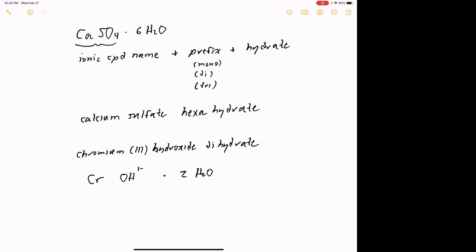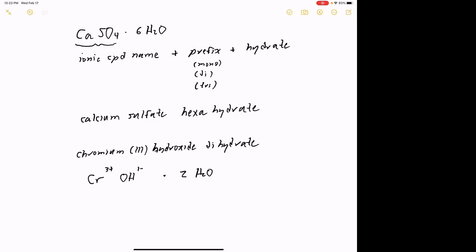Notice the Roman numeral 3 after the chromium. That tells me the charge on the chromium, and chromium, as we know, is a transition metal ion, so it's going to carry a 3 plus. If each hydroxide carries a 1 minus, how many hydroxides am I going to need to balance the 3 plus out? 3.